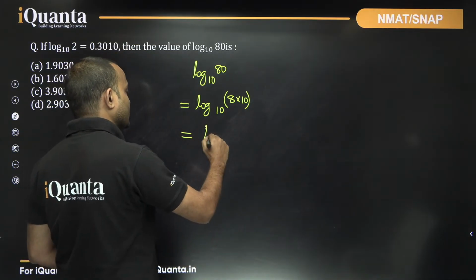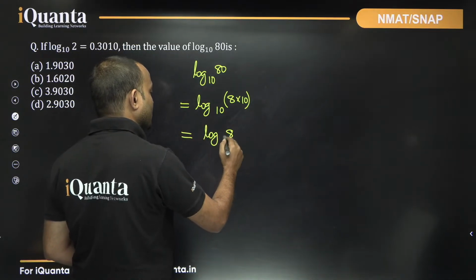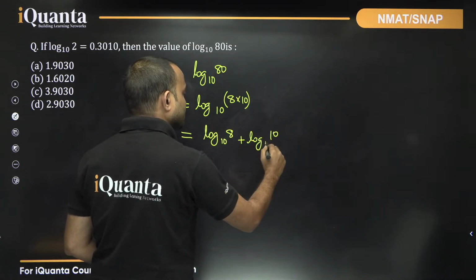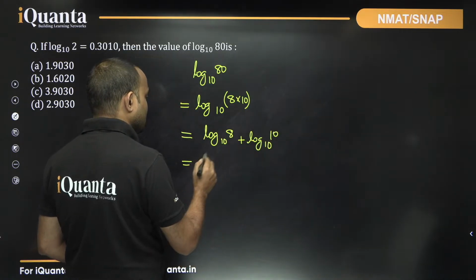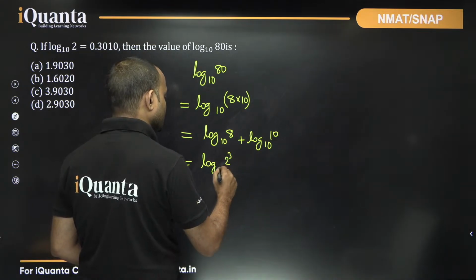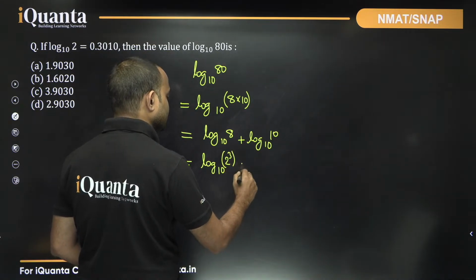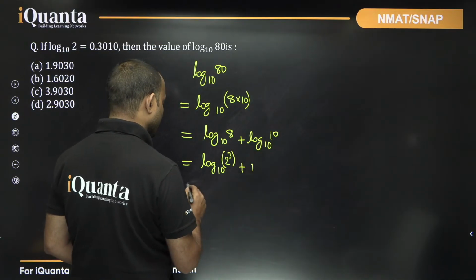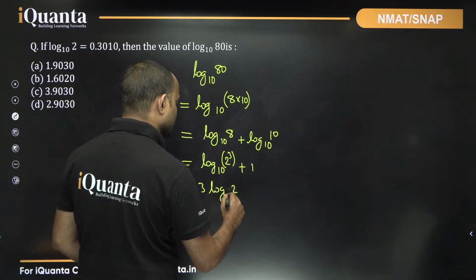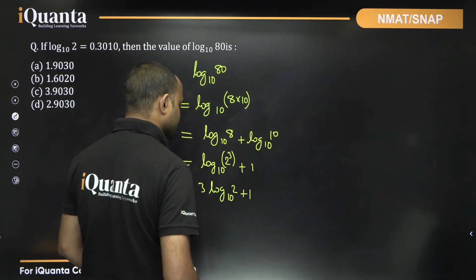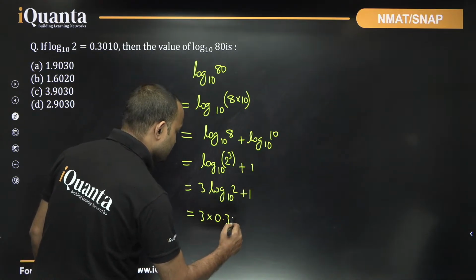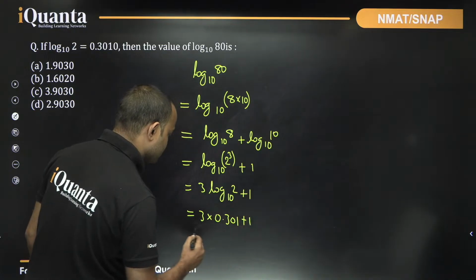So, this we can write as log 8 to the base 10 plus log 10 to the base 10. This log 8 can be written as 8 is nothing but 2 cube to the base 10, and this will be equal to 1. Now, this will be equal to 3 times log 2 to the base 10 plus 1. Then we get log 2 value is given 0.301 plus 1.